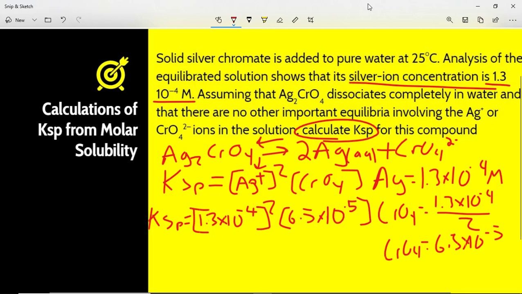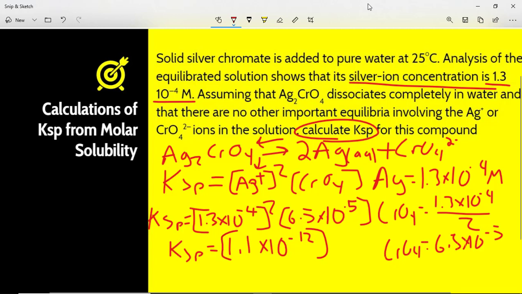And then we solve. And what we end up with for our KSP is 1.1 times 10 to the negative 12th.